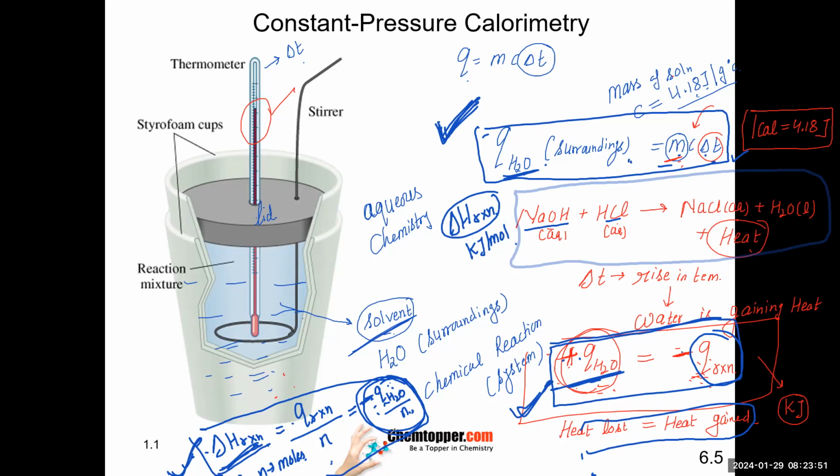Is there any problem with any of the concepts? I explained the first law of thermodynamics, and the equation mc delta T from the definition of specific heat capacity. Delta H of the reaction is kilojoules per mole, so whatever Q reaction is, we have to divide it by the number of moles to get the unit of kilojoules per mole. So all equations are well defined.